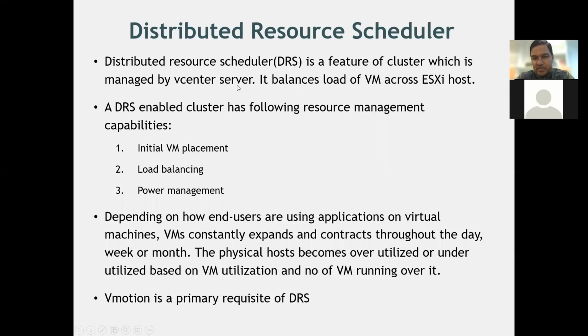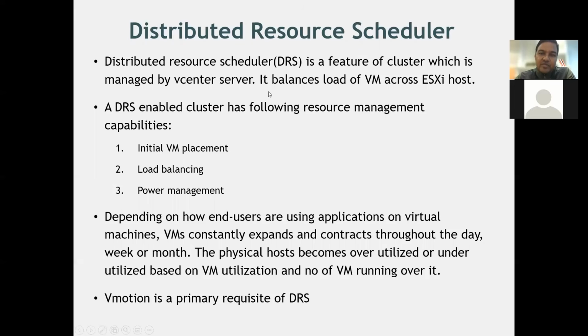A few lectures before, we have seen what a vCenter server is. So vCenter server manages multiple hosts, and multiple hosts means multiple virtualization VMware clusters. What it does is balance the load of virtual machines across different ESXi hosts. ESXi is the hypervisor of VMware.